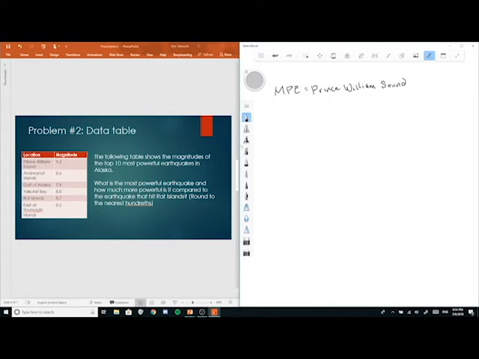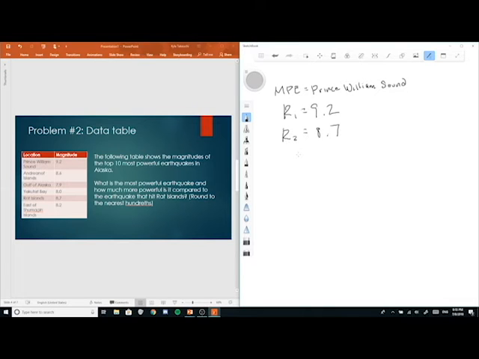Let's say R1 is equal to the largest value, so 9.2, and R2 is equal to the value of Rat Islands. Rat Islands is around here, which is 8.7. So R subscript 2 is 8.7.